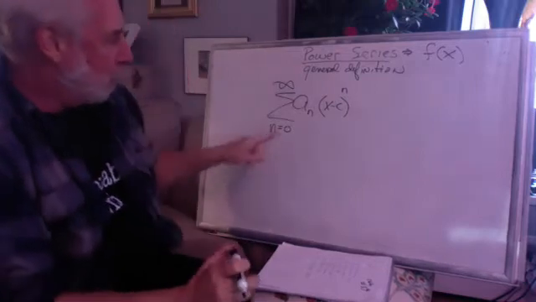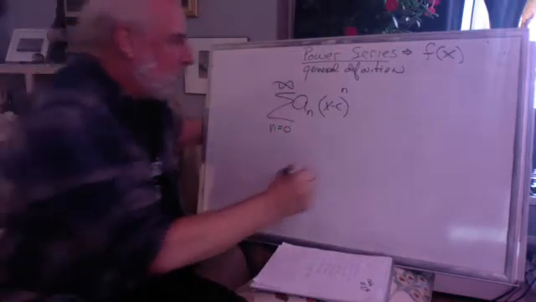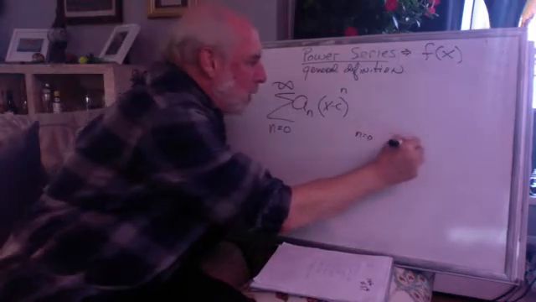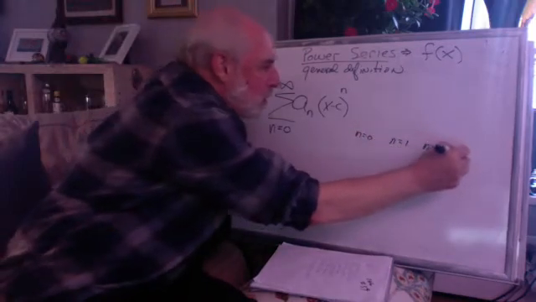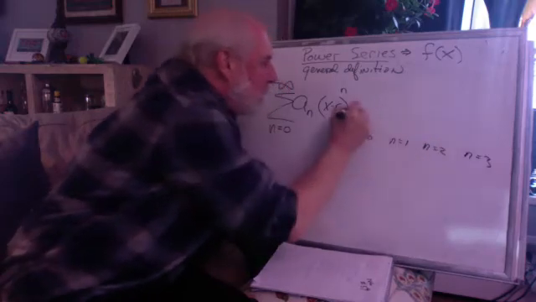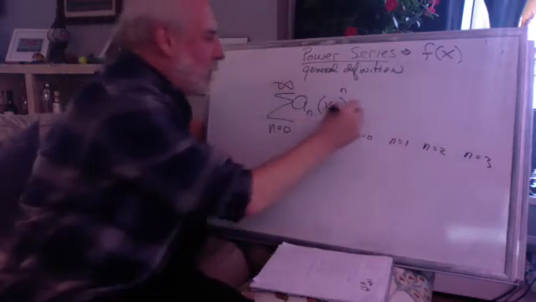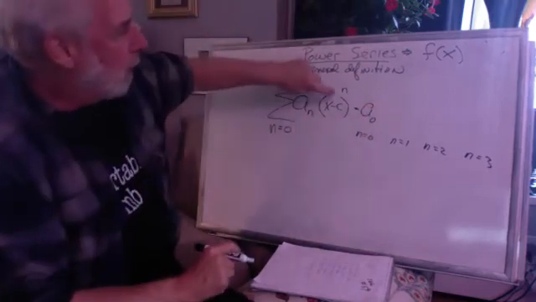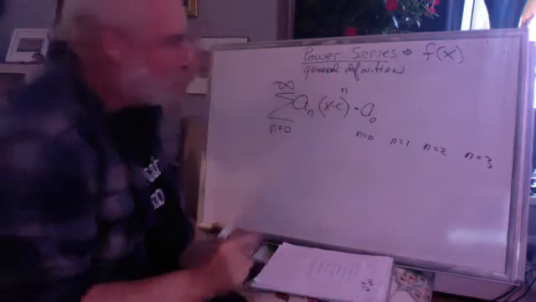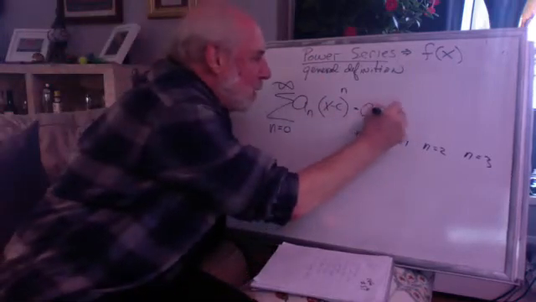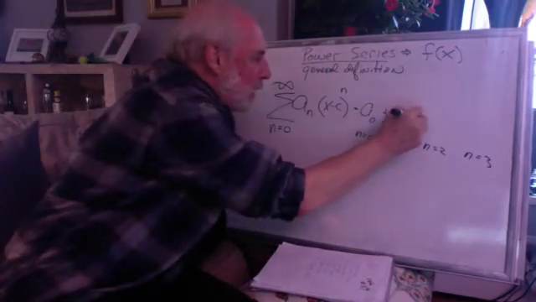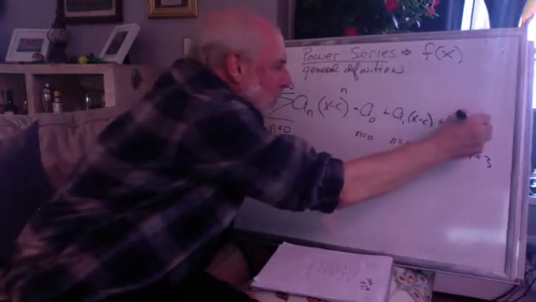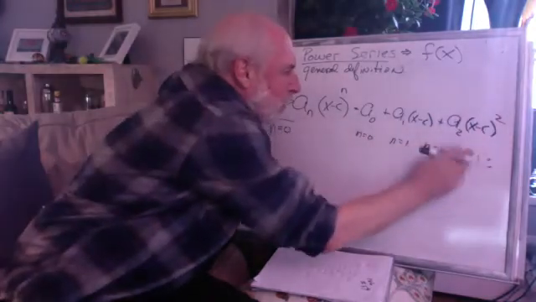So I'll write out the first few terms here. We have n equals 0, n equals 1, n equals 2, n equals 3. So when n is 0, we get a sub 0, and to the 0 power, this just becomes 1, plus a sub 1, x minus c, plus a sub 2, x minus c squared.